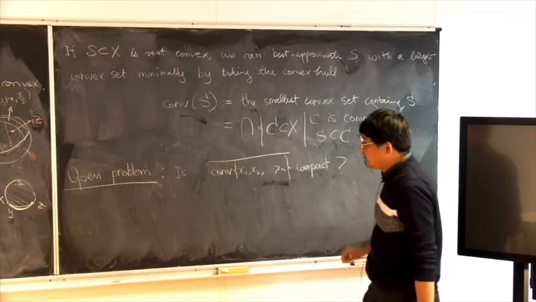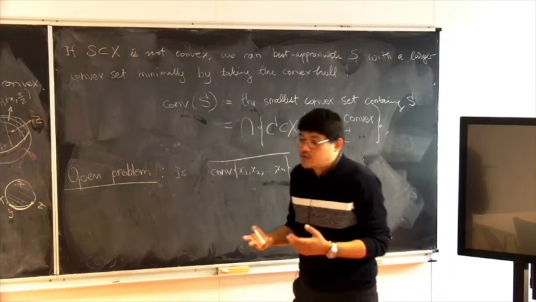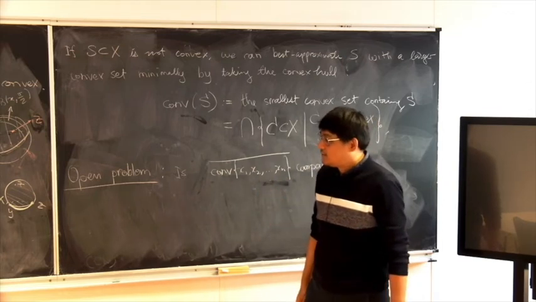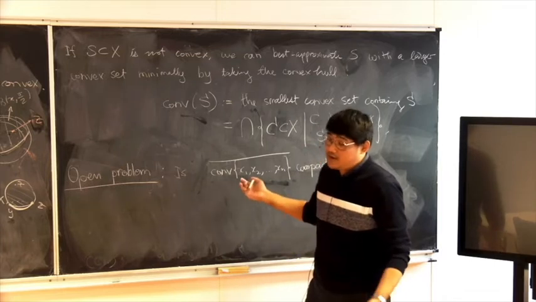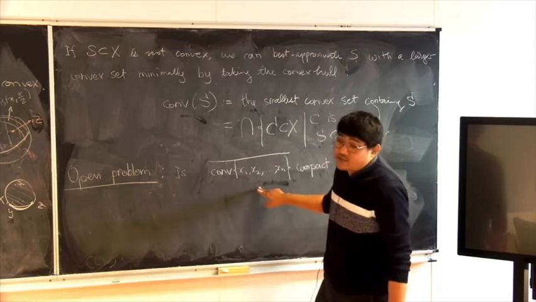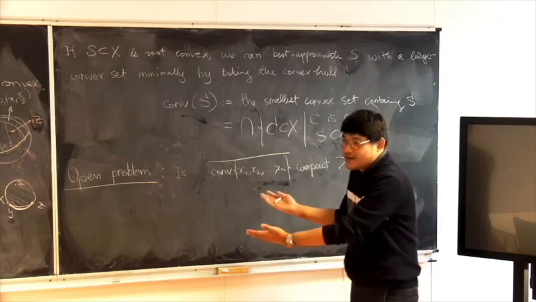Okay, it's a very interesting open problem, and actually, when you try to prove something in this setting, a lot of time you will go back to this open problem and you cannot solve that. I encountered this problem many times, and of course it remains open.